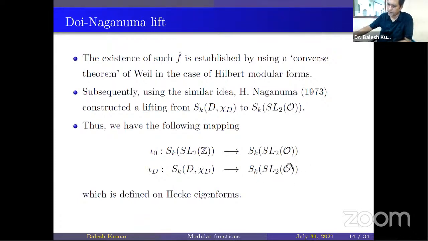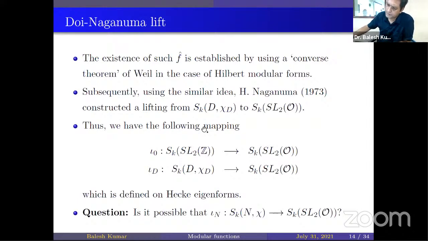Yeah, and therefore one asks what are all the modular forms for the congruence subgroups of SL2(Z) which can be lifted to a level 1 Hilbert modular form.